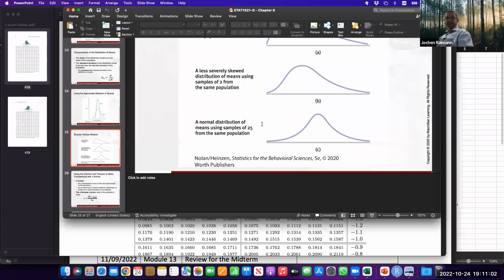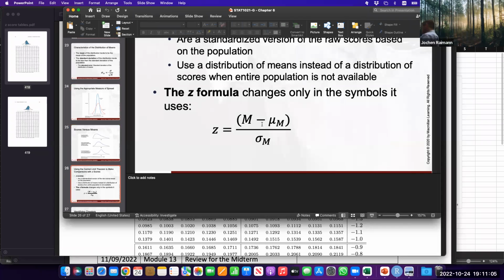So you then go on and calculate the z score based on these differences. You're standardizing these differences. So the M minus the population mu is being standardized by that assumed hypothesized variability, based on the standard deviation from the population divided by the square root of the size of your sample, because smaller samples vary more, larger samples vary less, and they will give you a more accurate estimate.